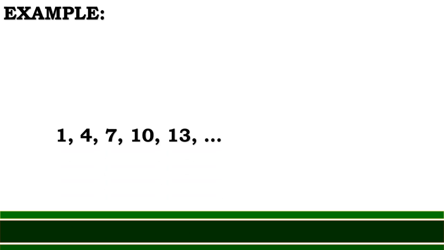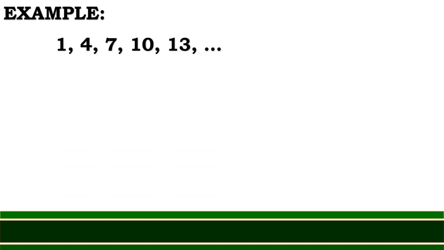Another example. Let's say we have here 1, 4, 7, 10, and 13. Let us try to check or look for the pattern for this sequence. Okay, as you observe, the pattern for this sequence is by adding 3 to its preceding term.